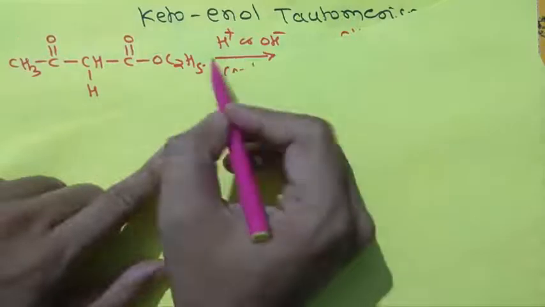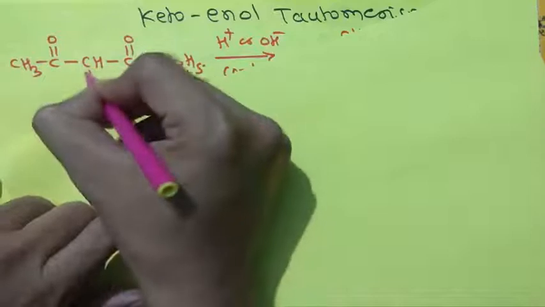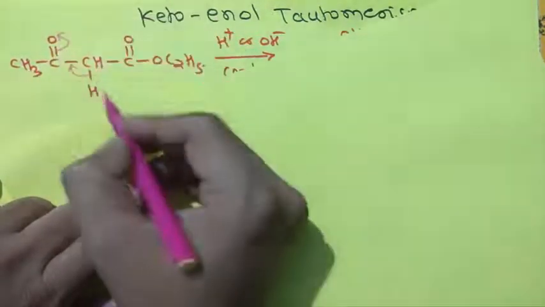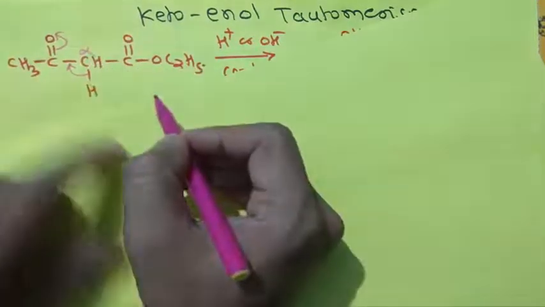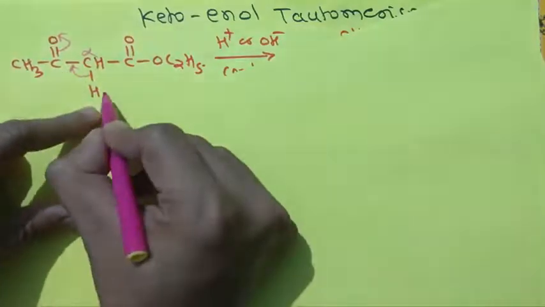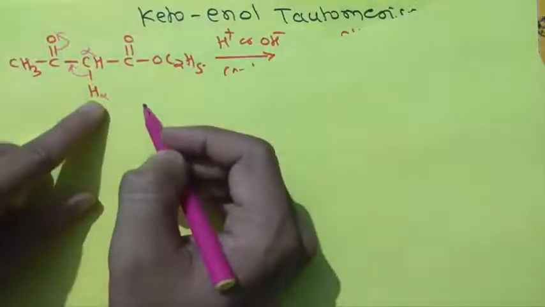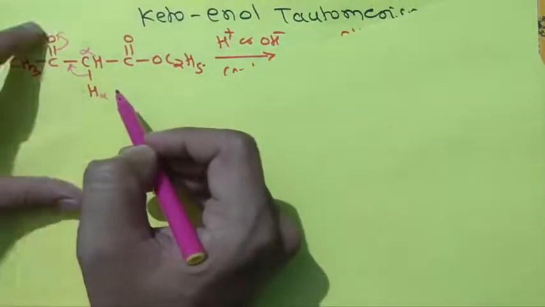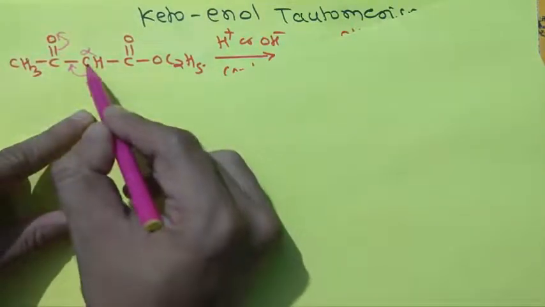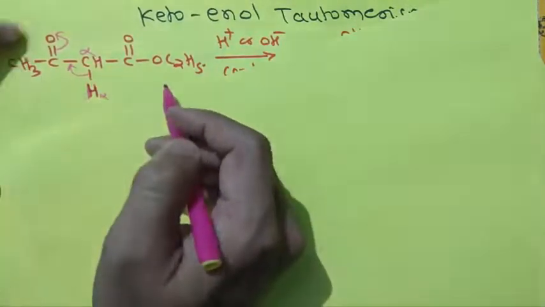Here both sides have a keto group, and these hydrogens can go towards the other side. Here is the alpha carbon atom, and on this alpha carbon atom there are alpha hydrogen atoms. This alpha hydrogen atom can be transferred from the alpha carbon to the carbonyl oxygen.